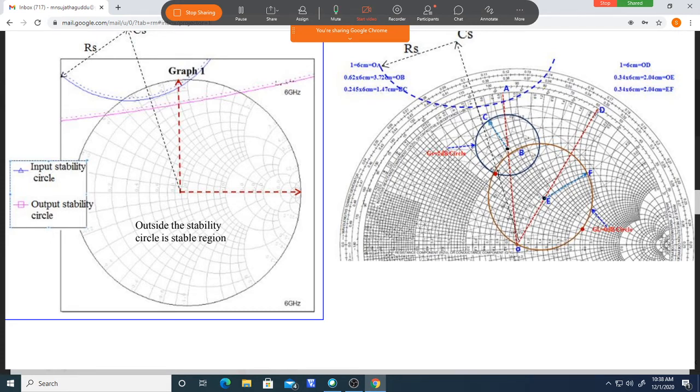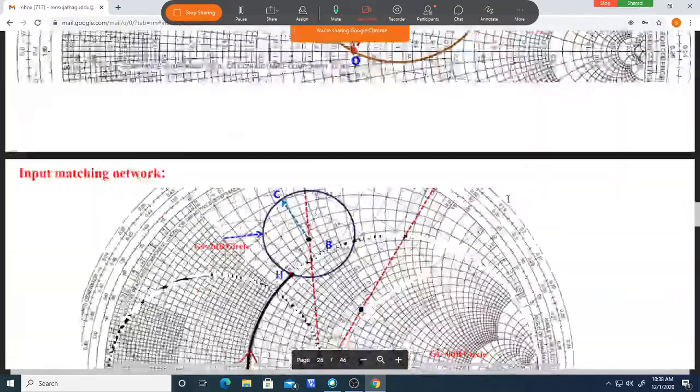We took this point. But in the present maximum gain problem, the radius is 0. Radius 0 means it is a point on that particular line. There is no choice for choosing any value, there is no circle at all, and only one impedance value gives the maximum gain.